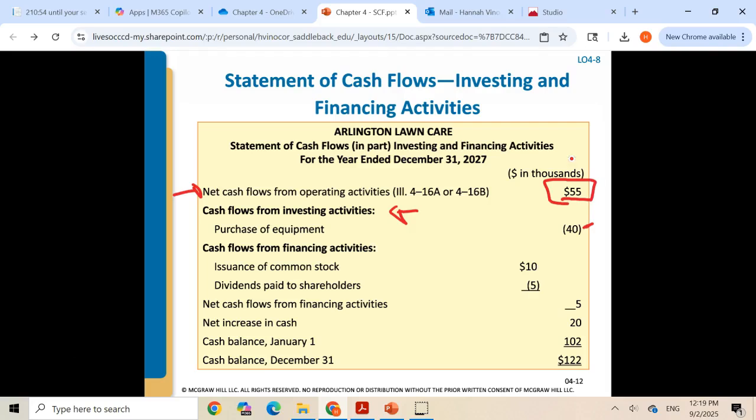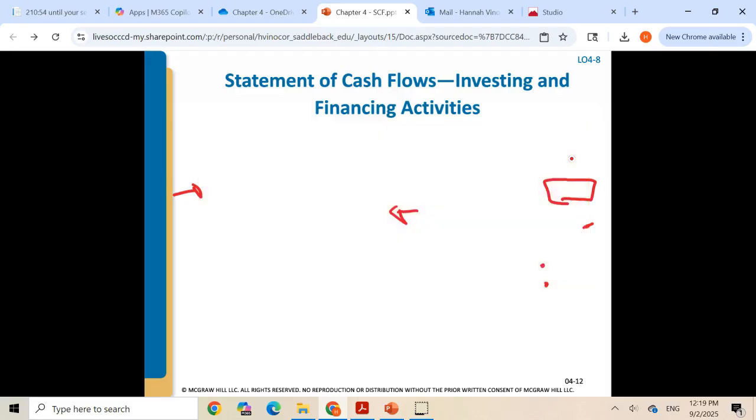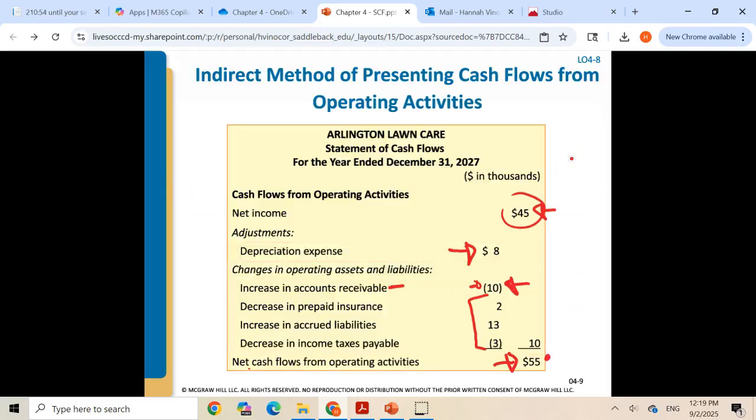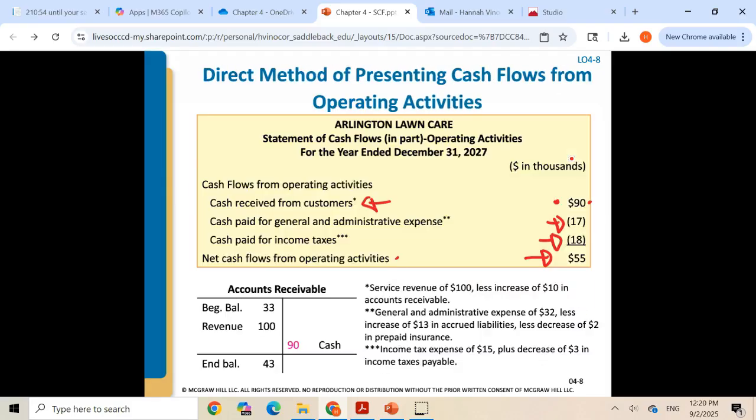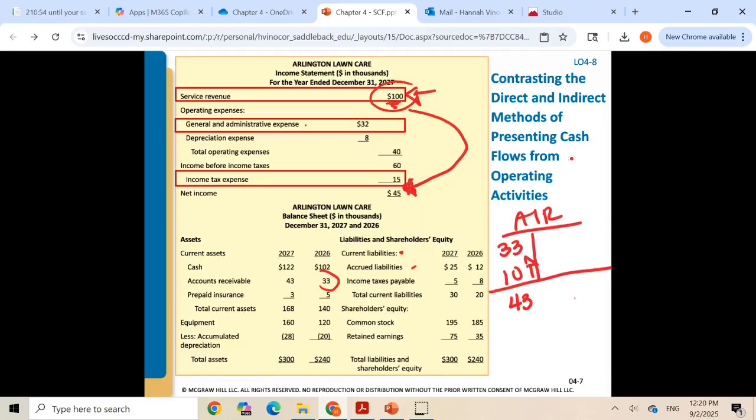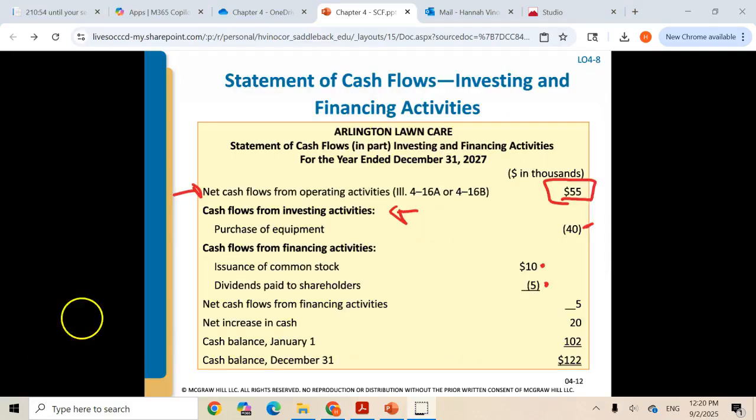And cash inflows from financing, we have issuance of common stock plus 10, dividends minus 5. And the way we're going to figure that out is we're going to go back up to our income statement. I went back to our investing section. Purchase of equipment is minus $40.